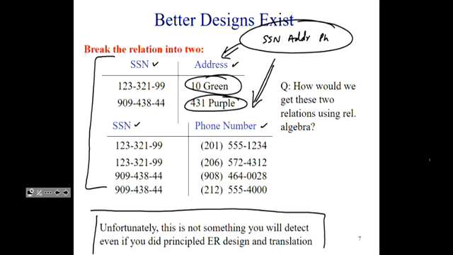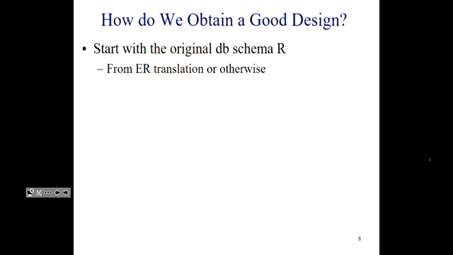You don't have the issue of update anomaly because you will end up editing precisely one thing. You don't have the issue of deletion anomaly, because if you delete a phone number of a person, the address is not getting deleted as well. So these three issues, redundancy, update anomaly, and deletion anomaly, don't carry over to this schema design. They were present in the earlier schema design, but they don't occur in this one.